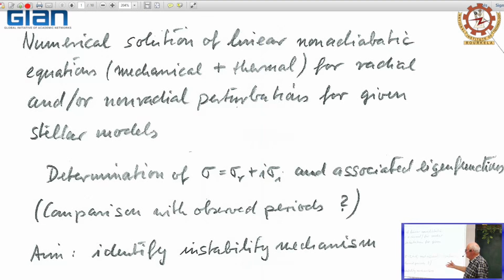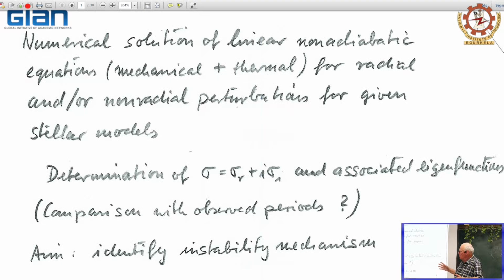And well, if there is a parameter which is not known, for instance, the mass is always a parameter which is badly known from observations. So we can perform this analysis for different stellar masses, for different models which are different in mass, and we may then take the model with that mass which provides periods closest to the observation, and we may thus determine the mass of our object.